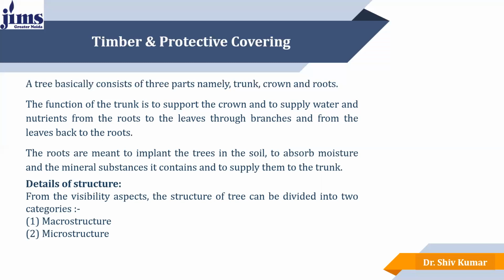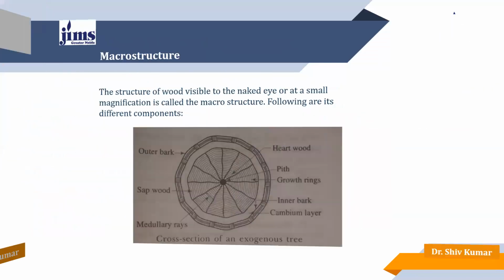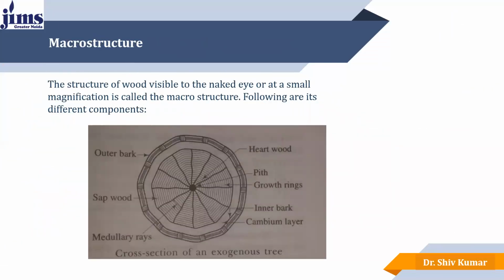As far as the structure is concerned, the tree can be divided into two parts. The first is the macrostructure and the second is the microstructure. The macrostructure consists of those structures which can be seen by the naked eye. When we cut a tree in the transverse section, the following parts can be seen in the macrostructure, as shown in the figure: the outer bark, inner bark, growth rings, pith, heartwood, cambium layer, medullary rays, and sapwood.